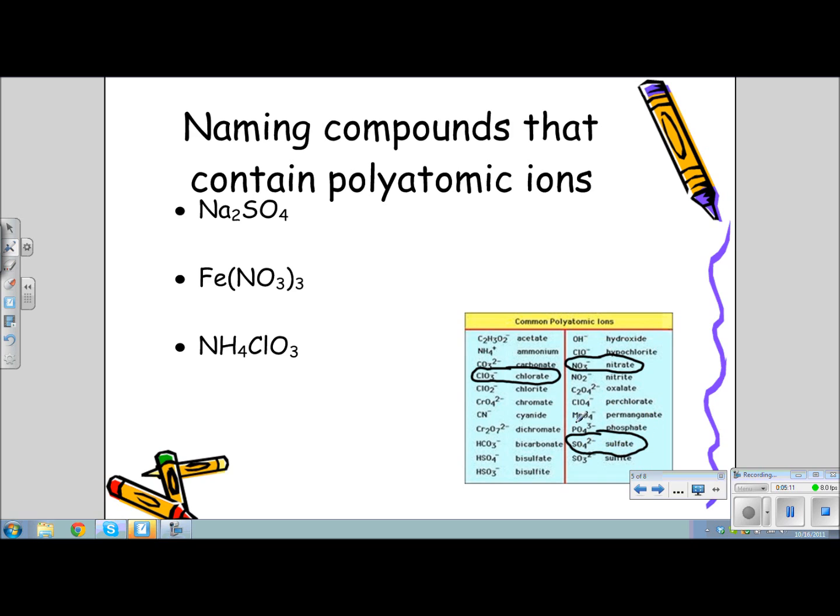Whether you are asked to memorize them or you are asked to write them on a card and have them with you, you would locate SO4 and then simply name the first element. The first atom has the same name as the element, and then the ion is named by the common ion list. So this is sodium sulfate.